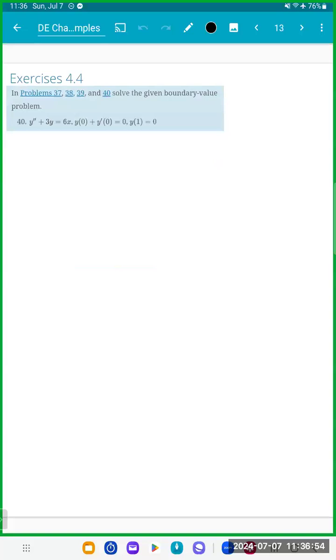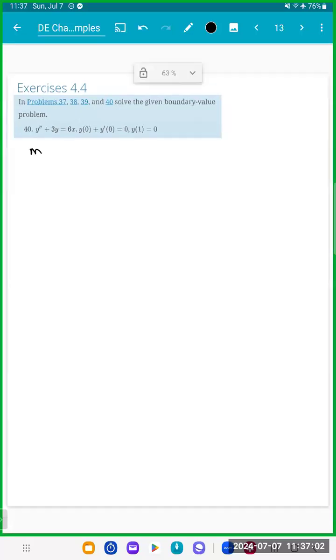Okay, for this next problem, it's a boundary value problem. So we have m squared plus 3 equals 0, so m equals plus or minus the square root of negative 3.